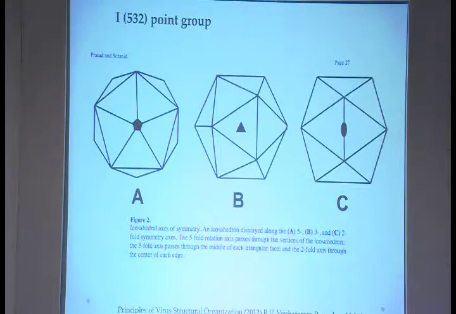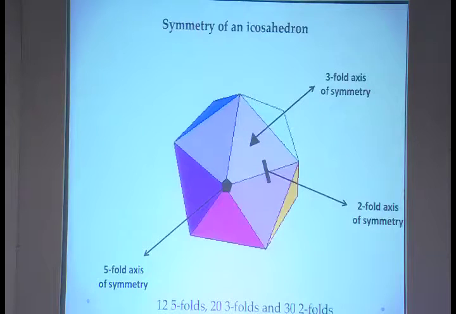And the way that these symmetry axes are organized is that the 5-fold passes through the vertices of the icosahedron, and the 3-fold is in the middle of an icosahedral face, and the 2-fold is in the middle of an edge of an icosahedron. So total 12 5-folds, 20 3-folds, and 30 2-folds.